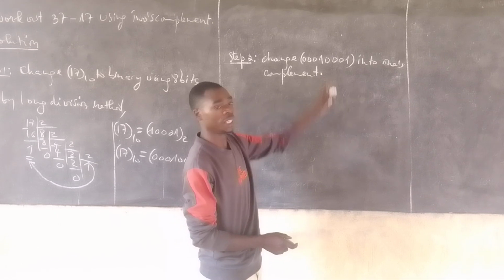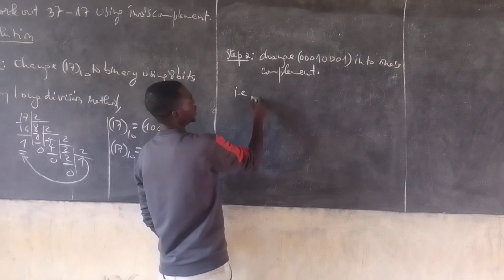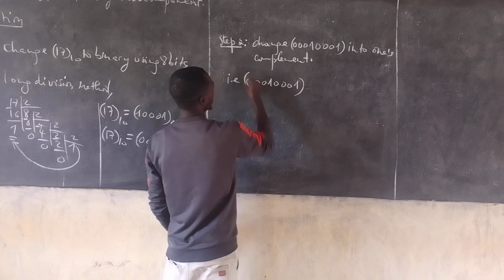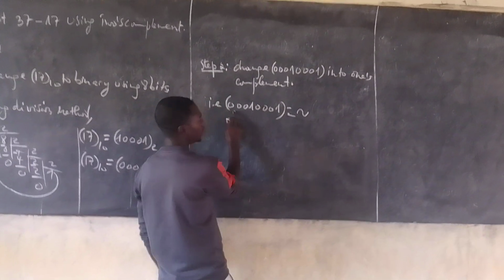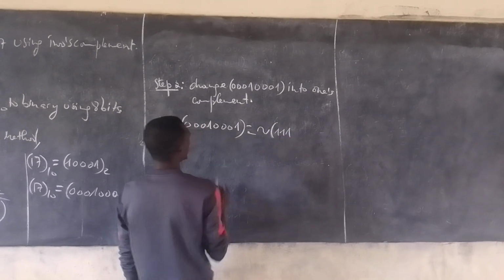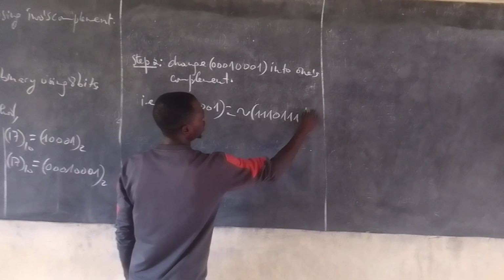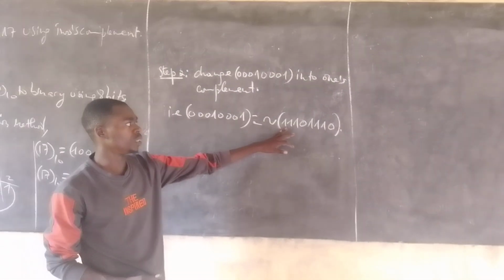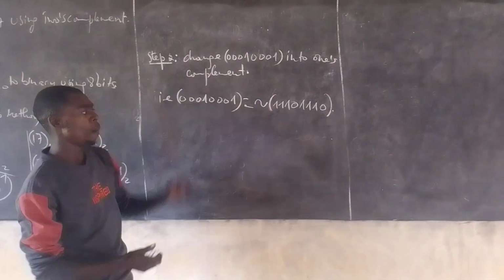We use a unary operator to show that this is negative. By inverting these bits we get 1, 1, 1, 0, 1, 1, 1, 0. So this is the negative bits which represent negative 17 in binary.